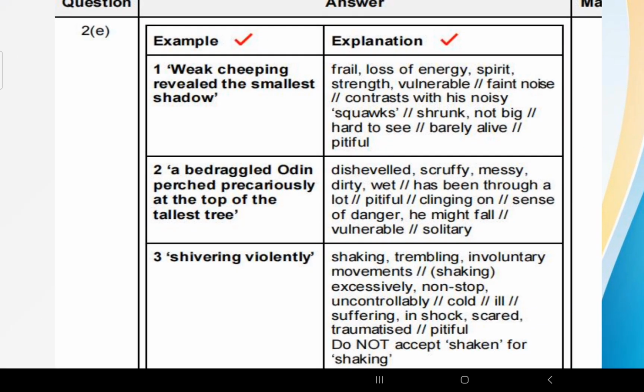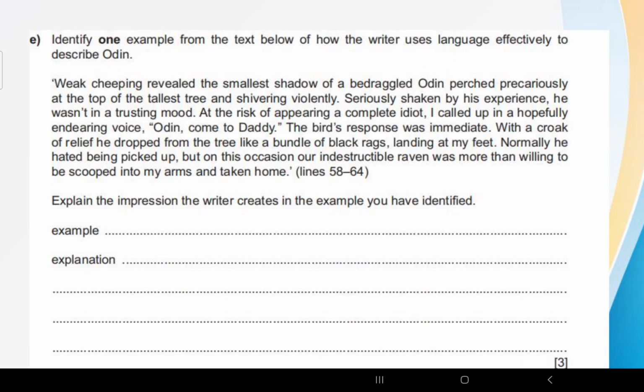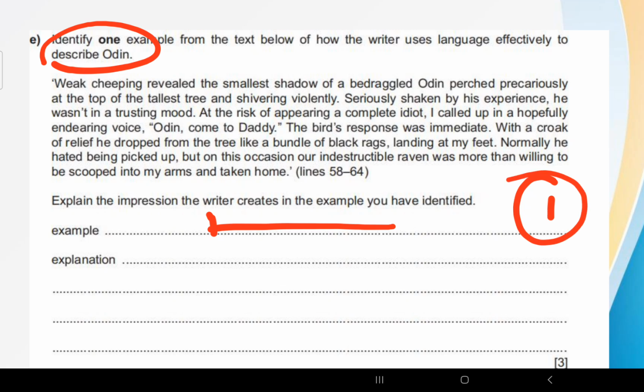So in this last question, identifying the example, there's just one thing that you will do. Check the focus of the question, take out the example, paste it here, get your 1 mark, and then explain it with the help of the context that is given here.